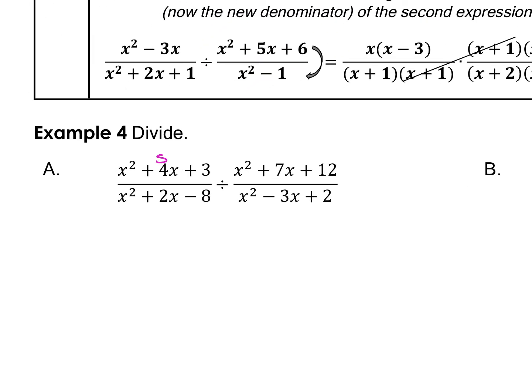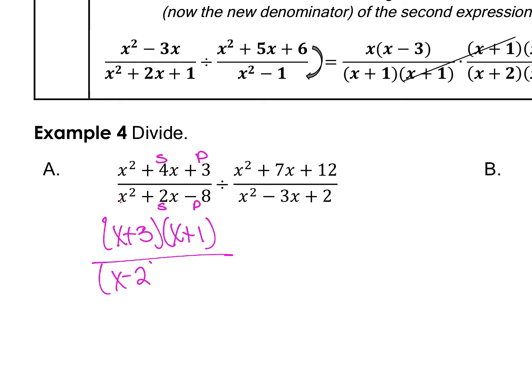So trinomial, sum is 4, product is 3. So that would be 3 and 1. Hopefully you're getting faster at factoring. If not, keep practicing. So trinomial, sum is 2, product is -8, so that would be -2 and 4. Now, since this is division, I have to keep this first one the same.